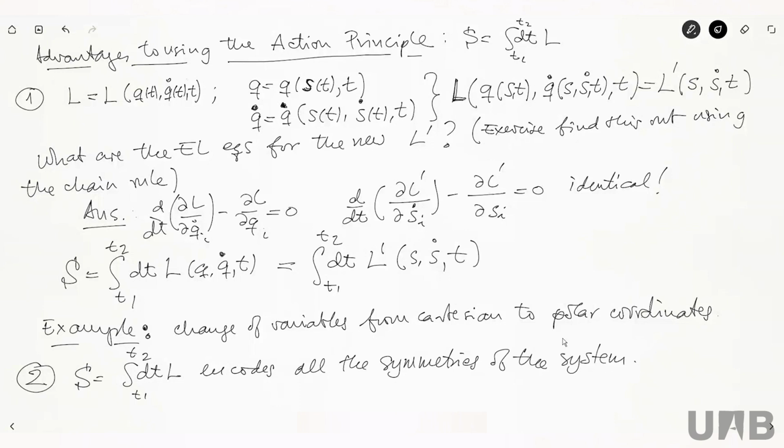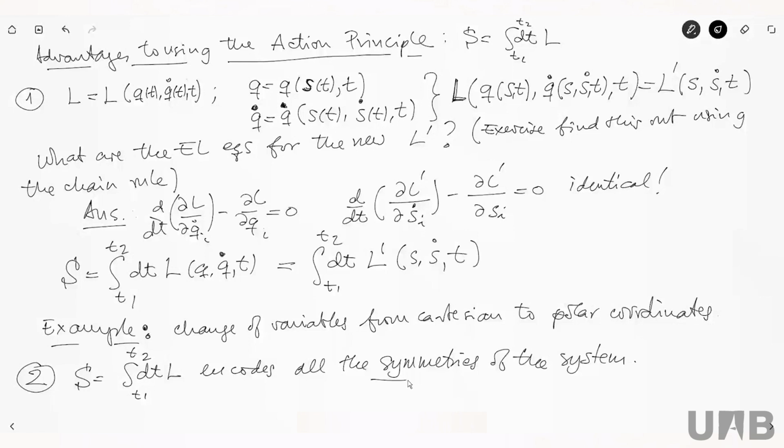So if the system has rotational symmetry, for instance, the action will know about this rotational symmetry. If the system has parity symmetry, then the action will also have parity symmetry. So the action knows about the symmetries of the system.